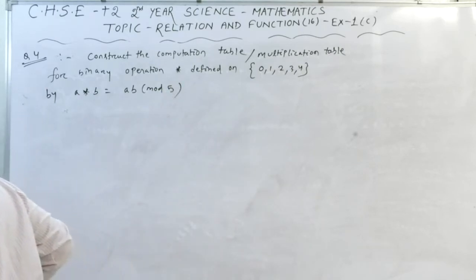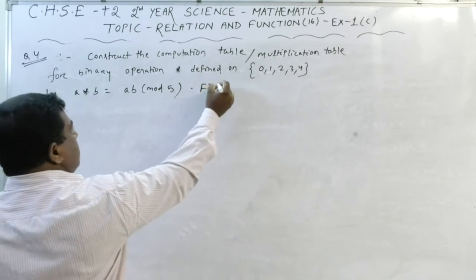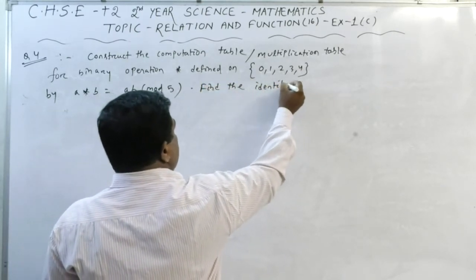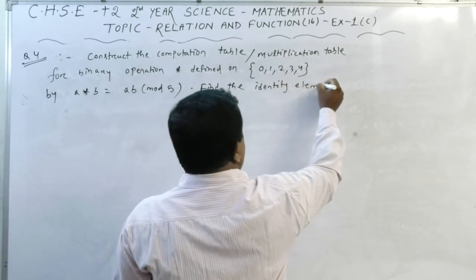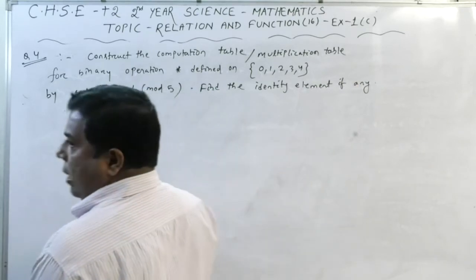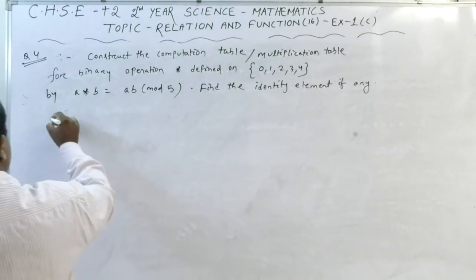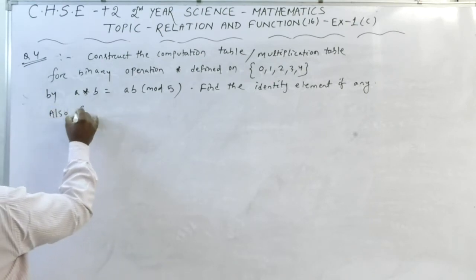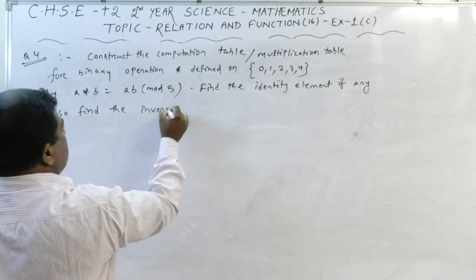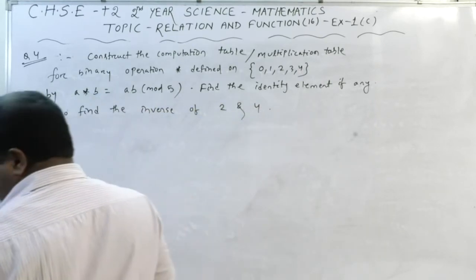Find the identity element, if any. We have to find out the identity element. And also find the inverse of 2 and 4. That is given.